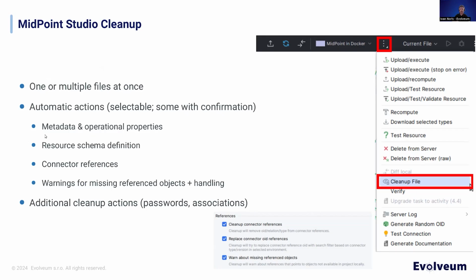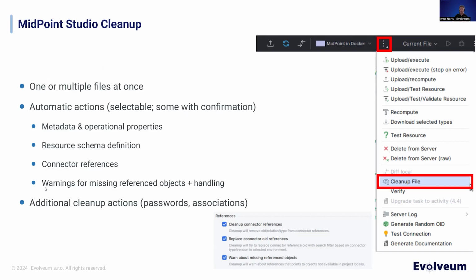So the cleanup can remove metadata and operational properties. It can remove resource schema definition, but there is a confirmation dialog by default. It can remove connector references. So if you would like to get rid of OIDs, it can be removed, but it can also be replaced by query. So instead of OID, there will be query, which is of course now portable.